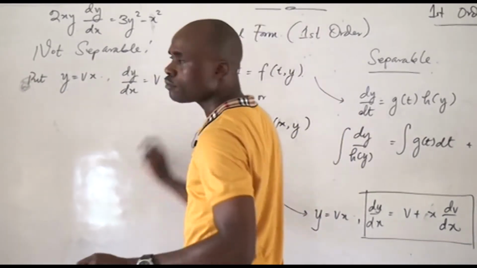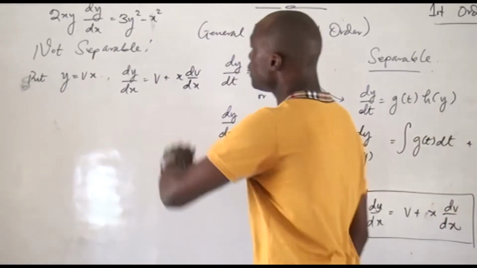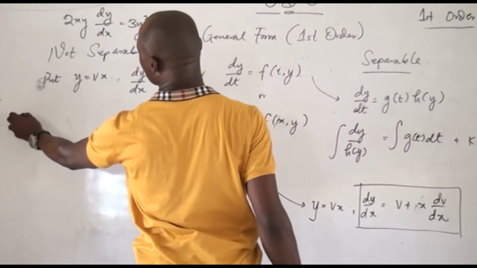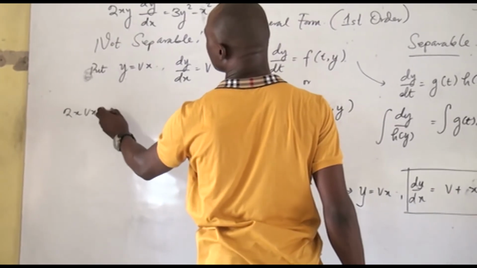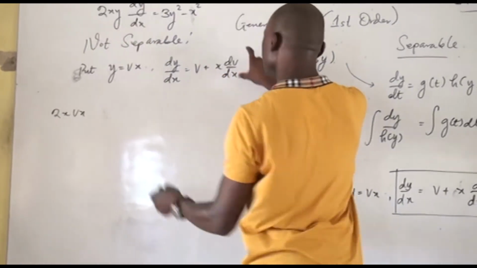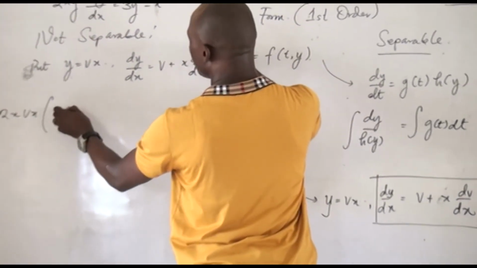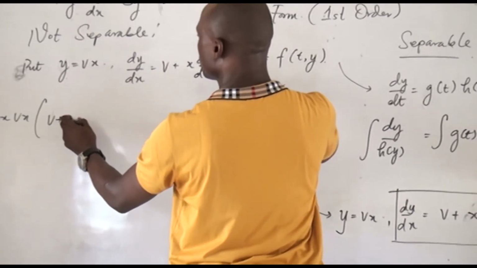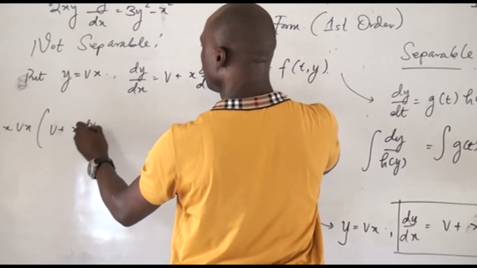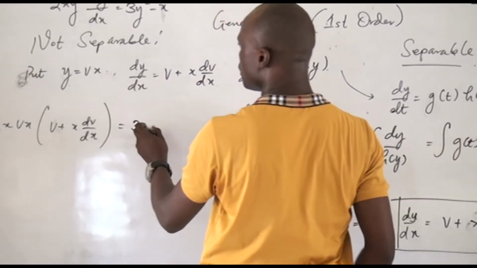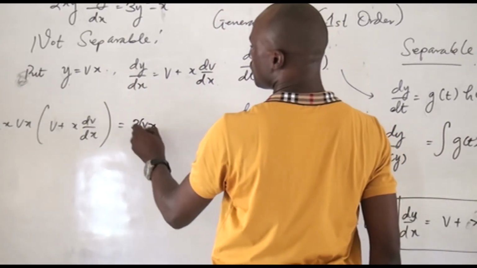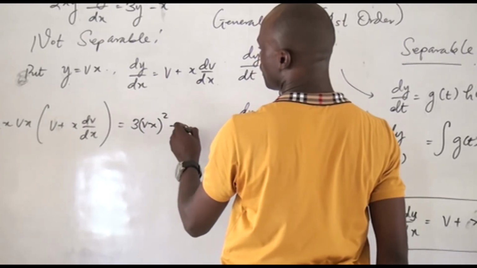So this is a big deal. Here we are going to have 2x, y is now vx, dy/dx is now v plus x dv/dx equals 3vx all squared minus x squared.